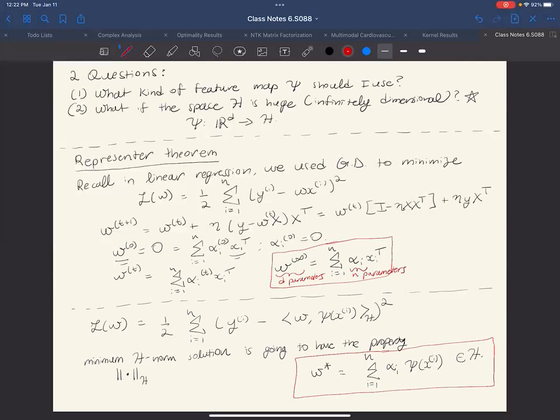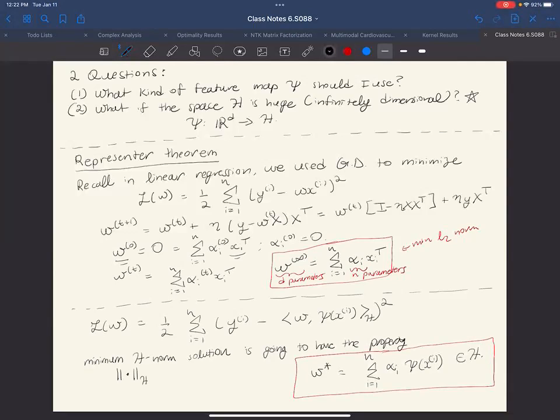If you've already proved in the homework that this is the minimum L2 norm solution, you're using the same ideas to prove that the corresponding one is the minimum H norm solution, and that if you have any other solution, you can do an orthogonal decomposition into this W star plus some term, and it shouldn't affect the loss.